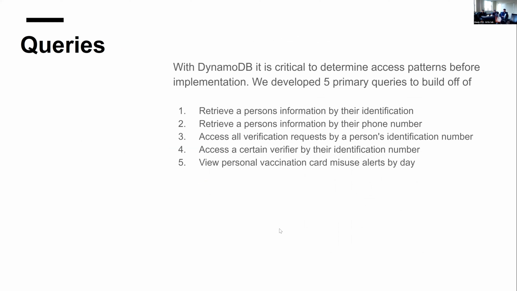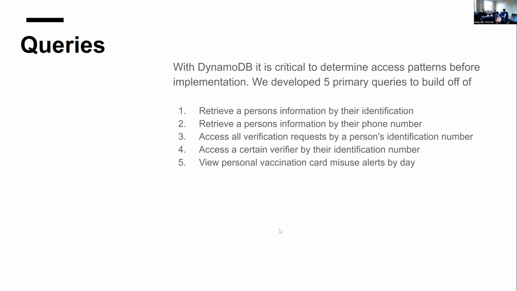And another thing that is specific to DynamoDB or databases of this nature is that, as opposed to relational databases, it's smart to build the database around the queries that will be asked mainly. So with that in mind, we based our database structure off of these 5 queries.